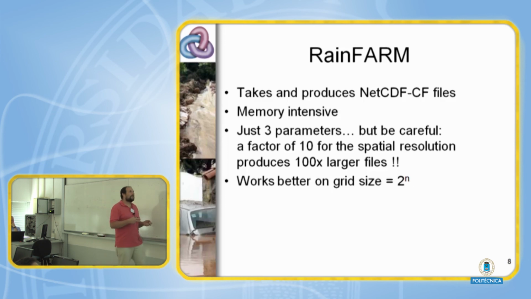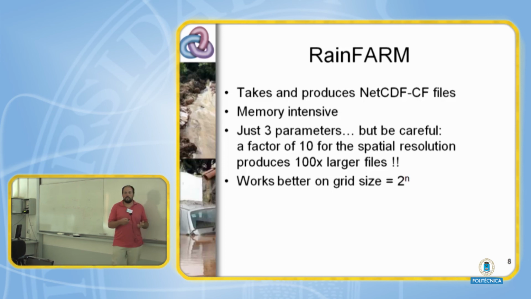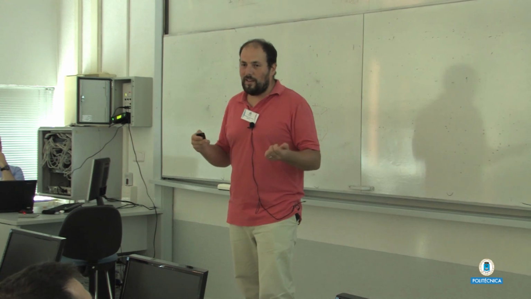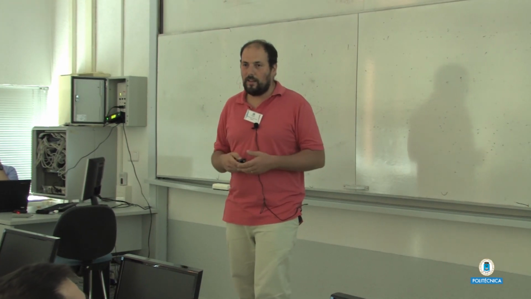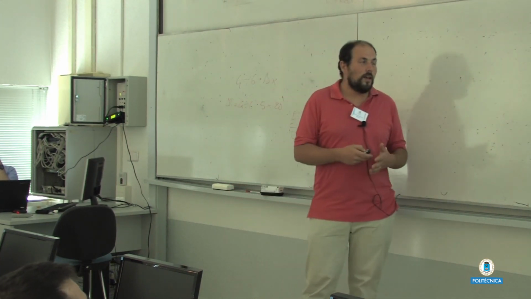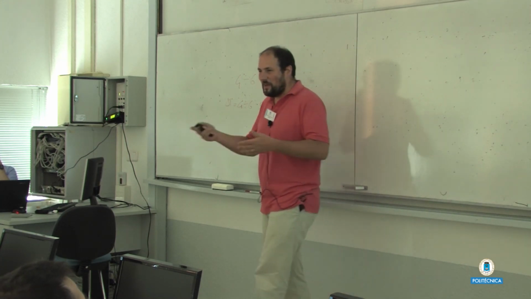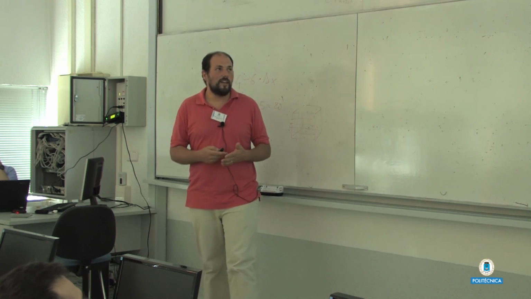Just 3 teeny numbers, but be careful. A factor of 10 in the resolution may obviously require 100 times the information in the output file, so the size will increase accordingly.